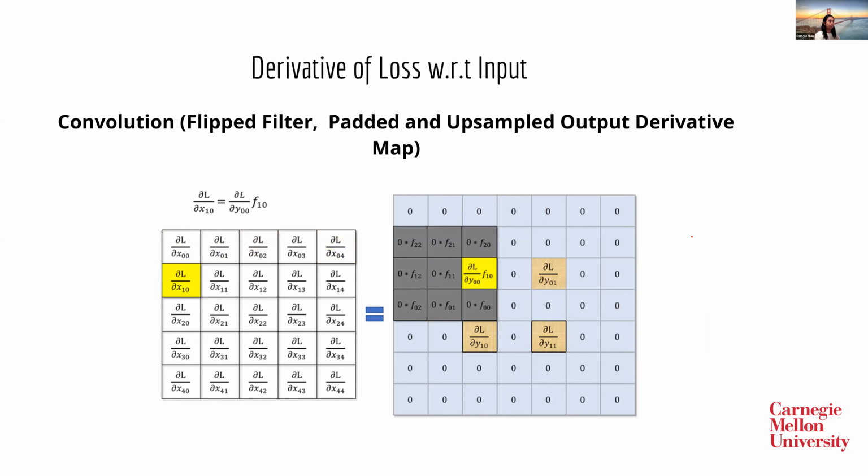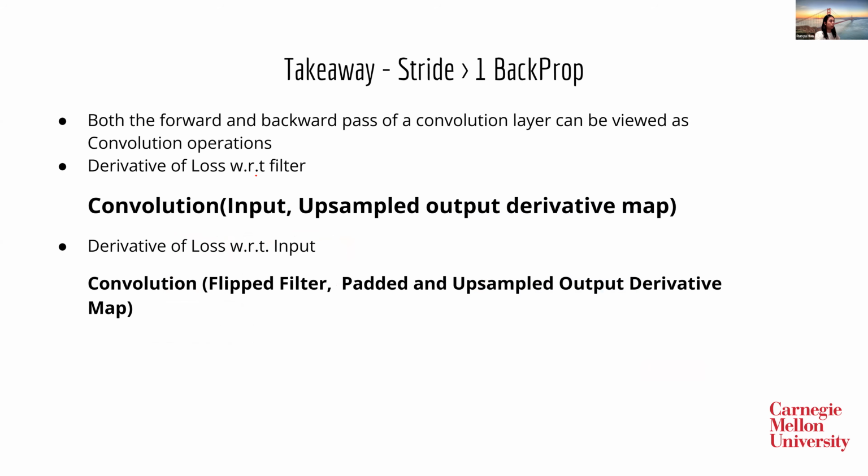And so for the situation where stride is greater than 1, your derivative of the filter is done by doing the convolution between the input map and the upsampled affine derivative map.